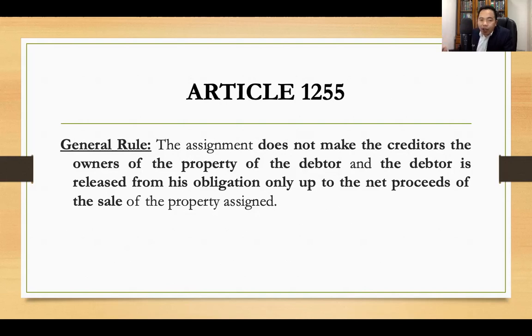The right acquired by the creditors is not ownership over the property, but the right to subject the properties to a public auction. Those properties of the debtor will remain to be owned by the debtor, except that it will be sold in a public auction, and that the proceeds of that sale will be applied to the obligation.